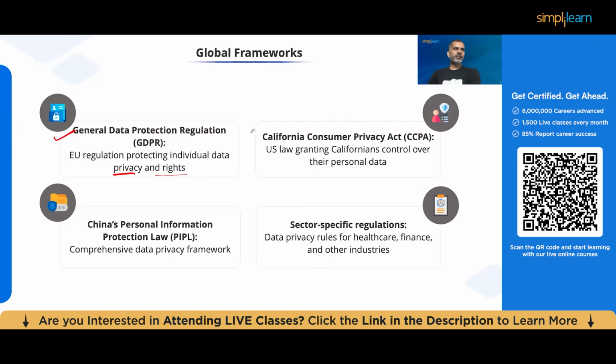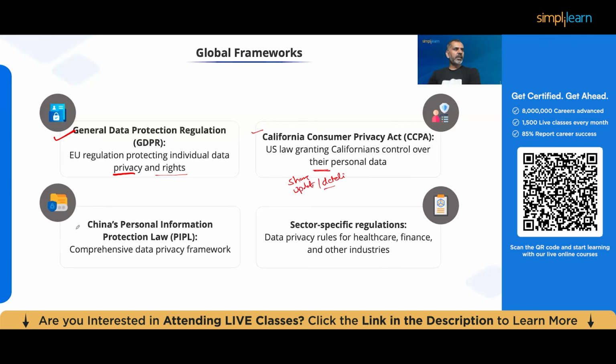The second is CCPA, which is the California Consumer Privacy Act. This is again a US law granting Californians control over their personal data. And when I say control over personal data, that means any individual is free to share his information, update his information, or even delete his information whenever it is required or whenever he is interested in doing that.